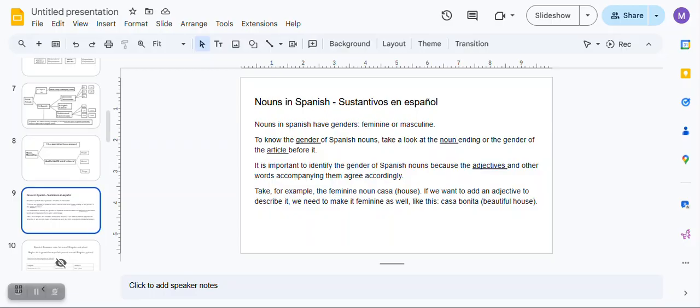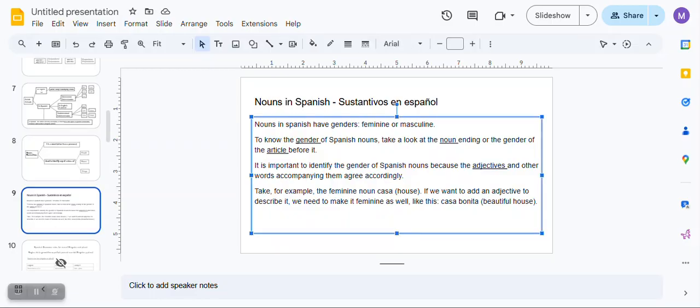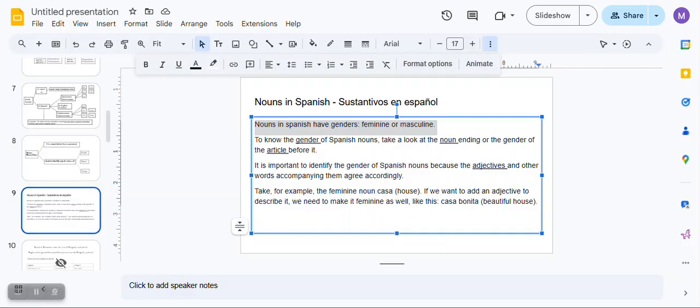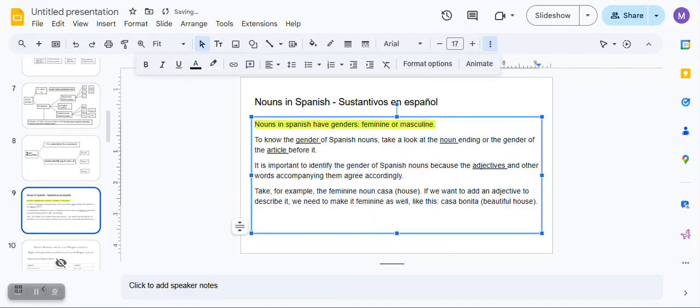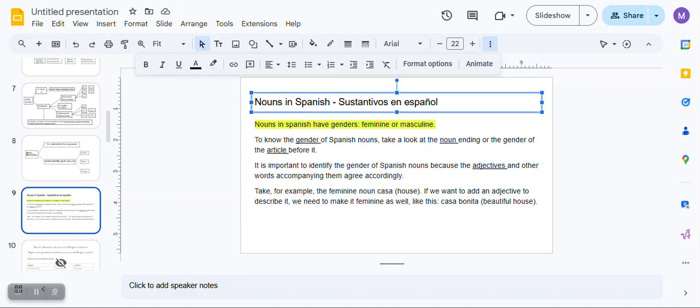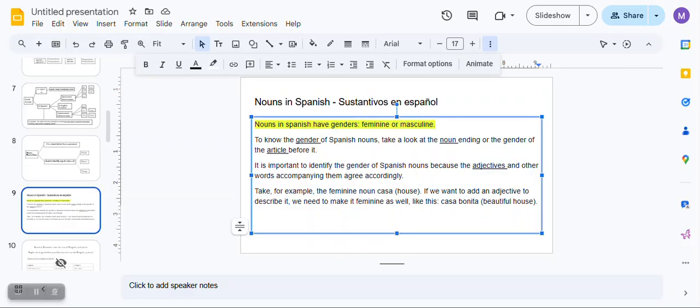Let's repeat this. Nouns in Spanish have genders, feminine or masculine. What is the important thing to know? What is the gender of the noun?